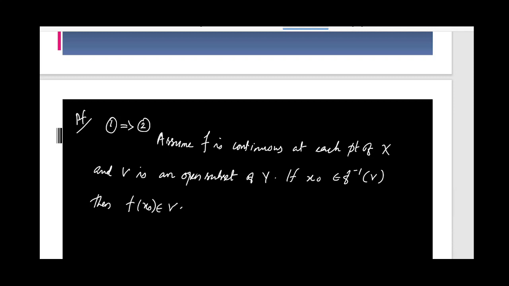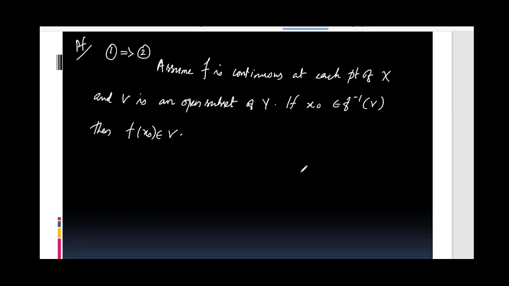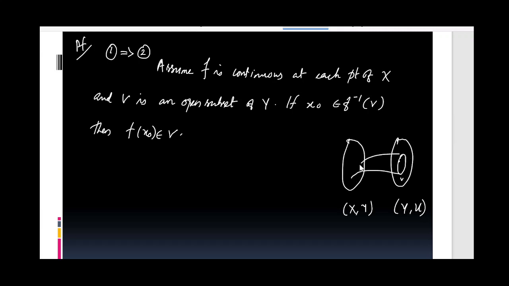So what do we want to assume? If you take an open set V in (Y, U), then go for its inverse image.